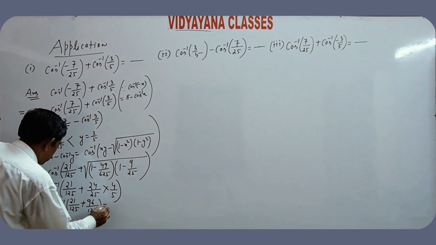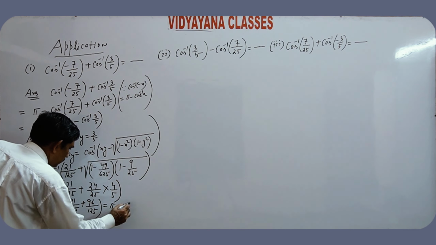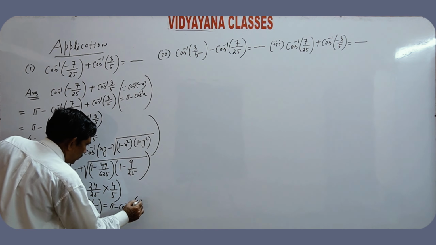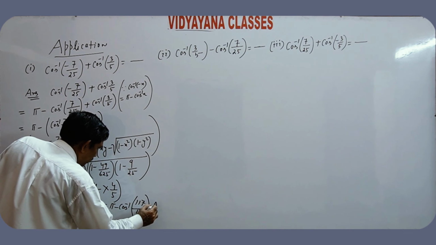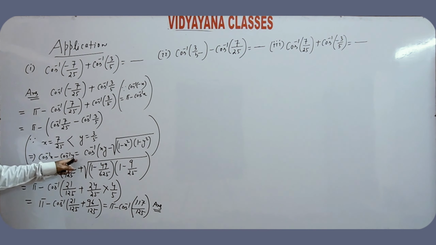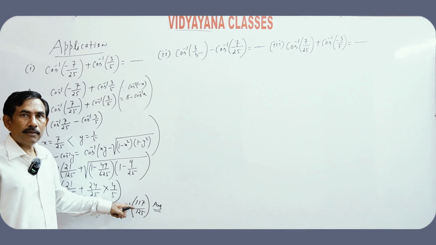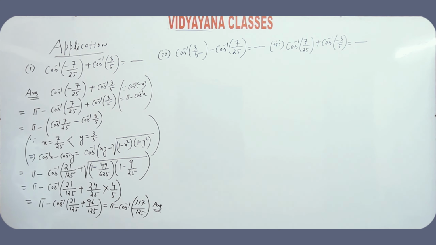Which is same as pi minus cos inverse 117 divided by 125 is the answer. Using this formula, we get pi minus cos inverse 117 divided by 125. Clear?